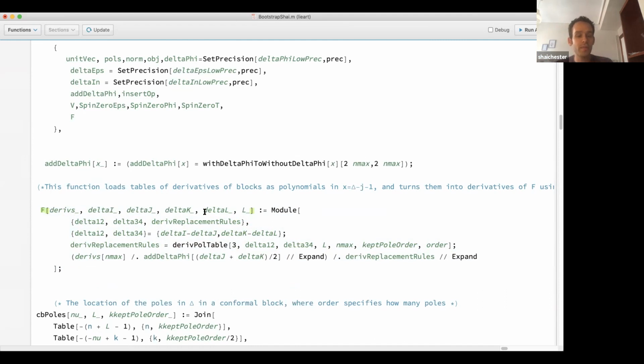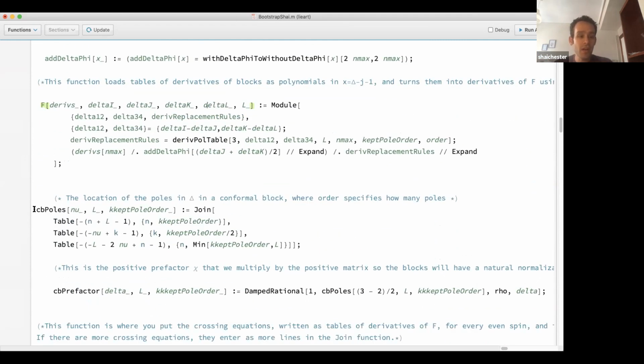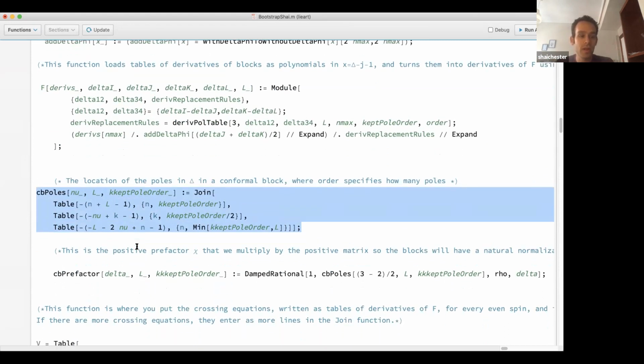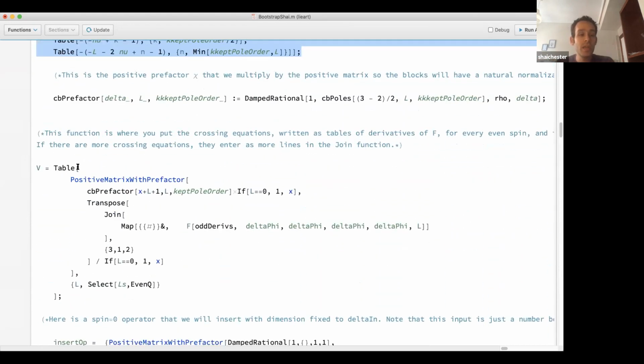And then you just load them in. The second quantity is the list of poles. This has to do with the quantity chi of x, which as mentioned was the positive quantity which you took away from the blocks in order to turn them into a polynomial in delta. So this is just a convenient list of poles. Here, this function v is where we define our list of polynomial constraints.